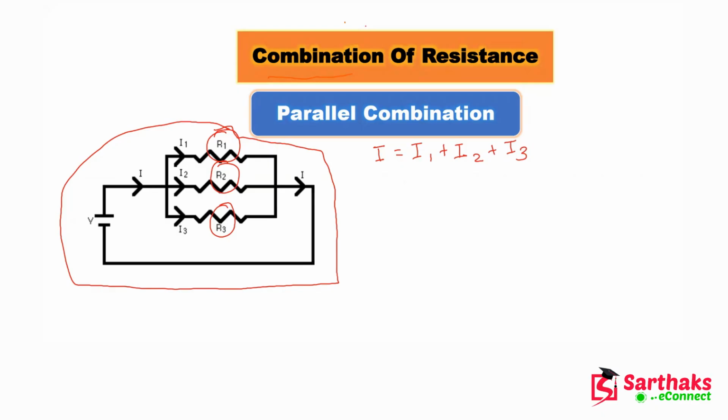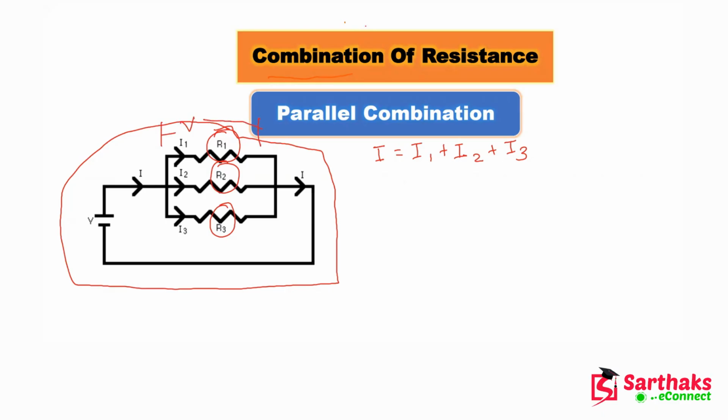I hope you guys are getting my point. I again repeat that this I is getting divided into these three currents. So if I add these three currents, this will give me the value of current I. Now I know that the voltage across all these three resistances is the same because they are connected in parallel.